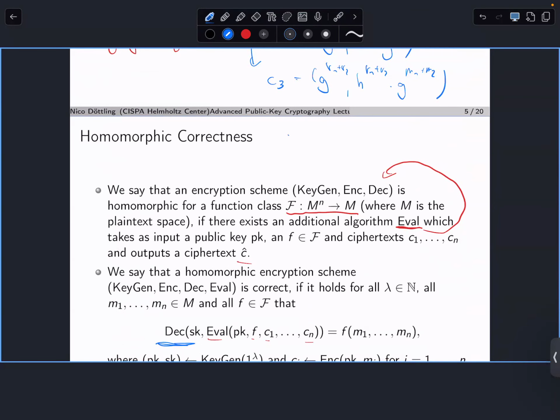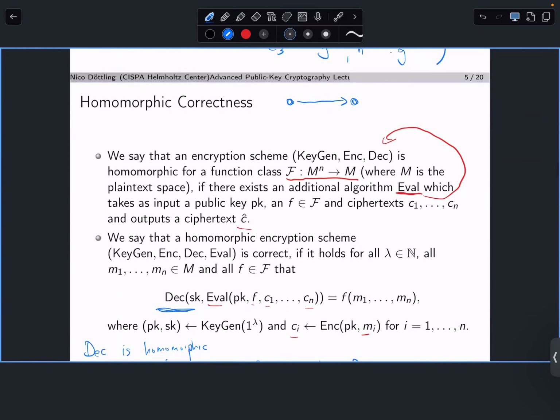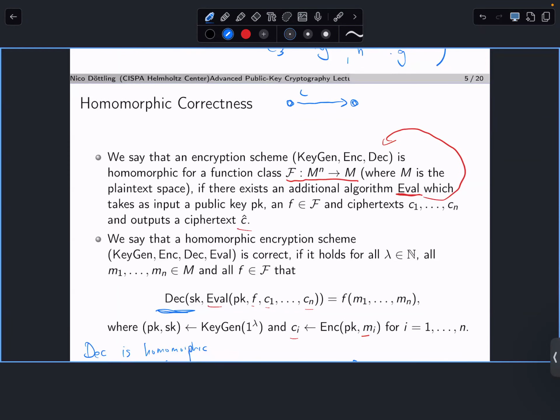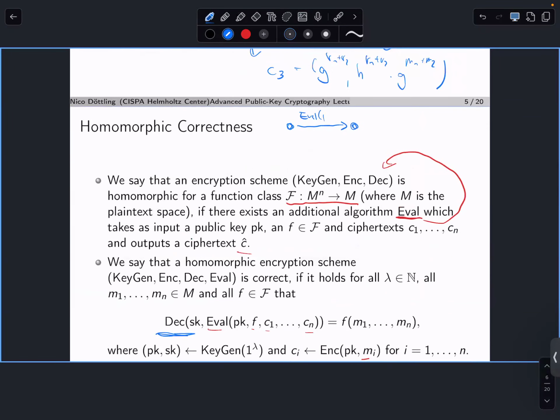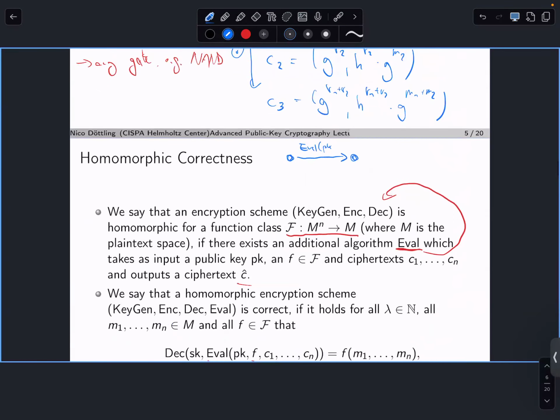On the one hand, on the ciphertext level, you have this one function here, which is just our Eval using the public key and our function f and some argument.